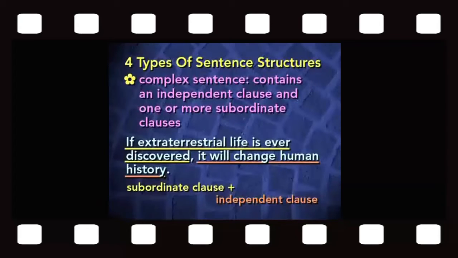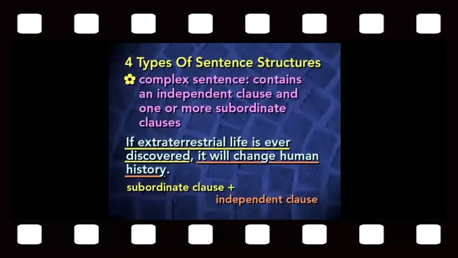So the two clauses work together to express one complete idea. And therefore we have a correct sentence which is known as a complex sentence, because that's what a complex sentence does. It combines two different kinds of clauses, one an independent clause and the other a subordinate clause, and makes them into a whole to express a single thought.